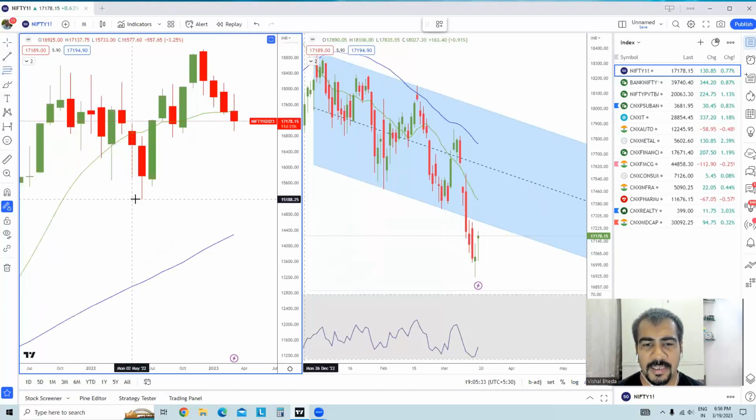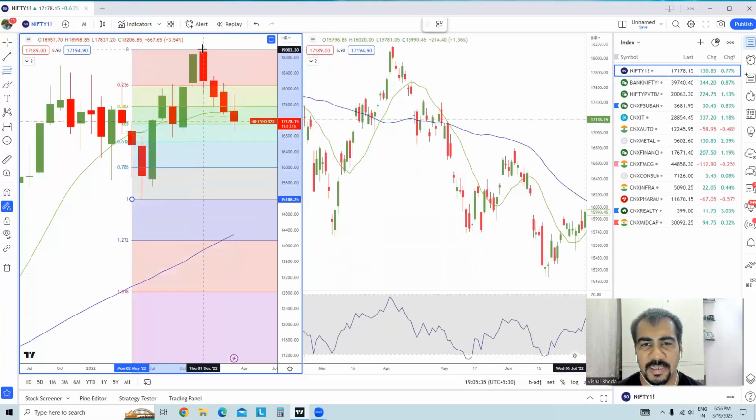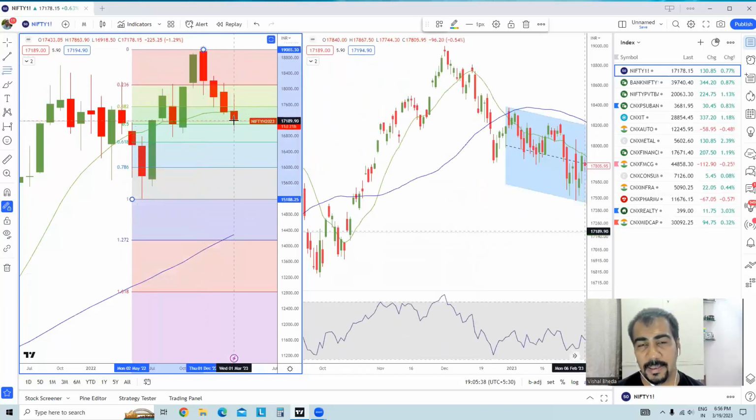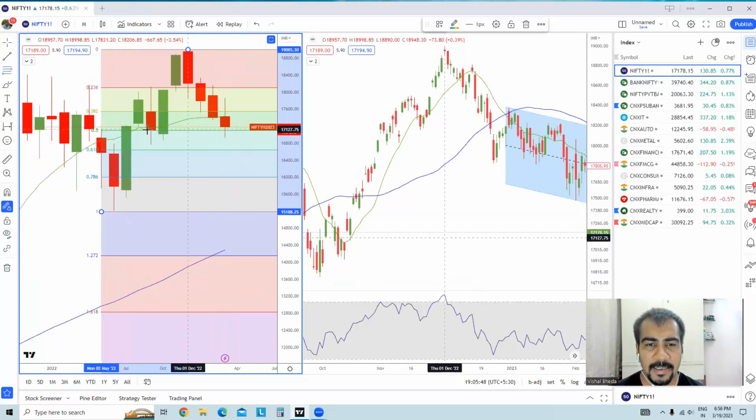In the monthly time frame chart, obviously this particular candle is not complete, and today is 19th of March. So we cannot go by this candle's shape as per the pattern of the candle, but we can surely understand that this is the 50% retracement of this entire rally, especially from the point of 15,234.